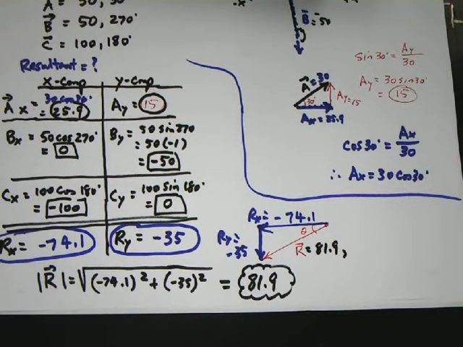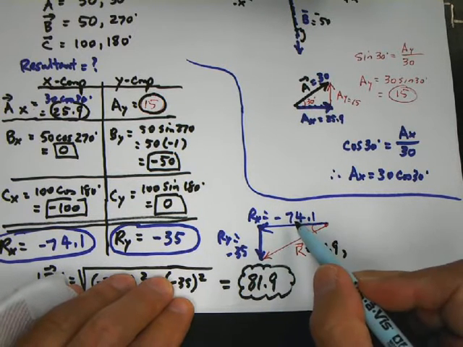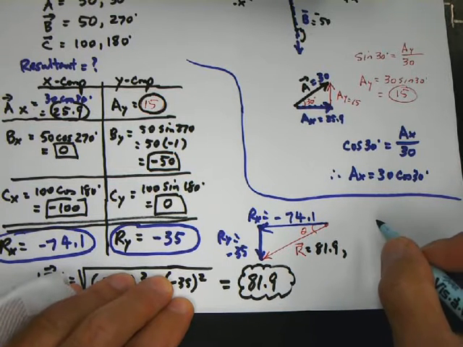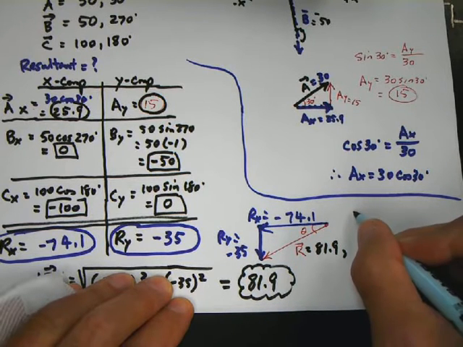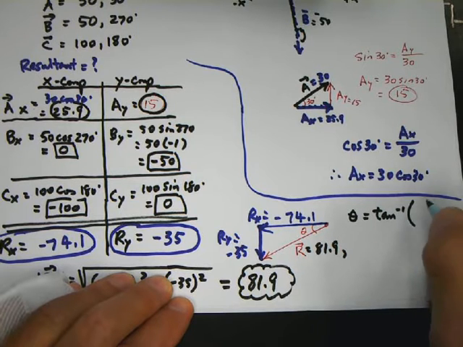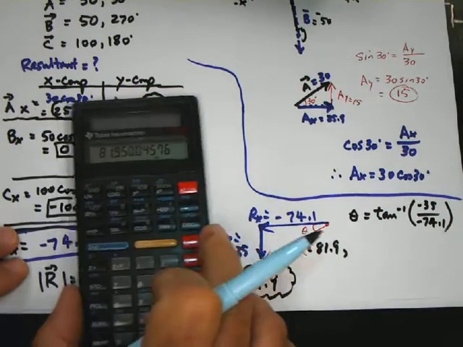But what about the angle theta? Well, what we can do is take advantage of what's known as the inverse tan. Remember tangent is defined in terms of opposite over adjacent. So if we take the opposite side over the adjacent, we can find the angle whose tan would be that. So the angle is equal to the inverse tan of the opposite, which would be negative 35, over the adjacent, which is equal to negative 74.1.